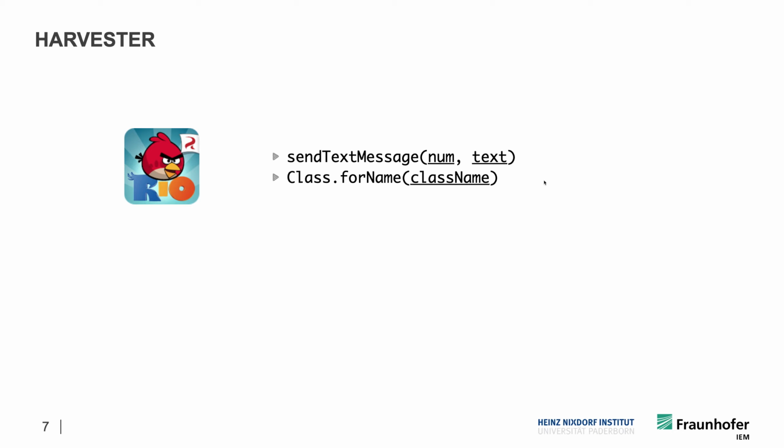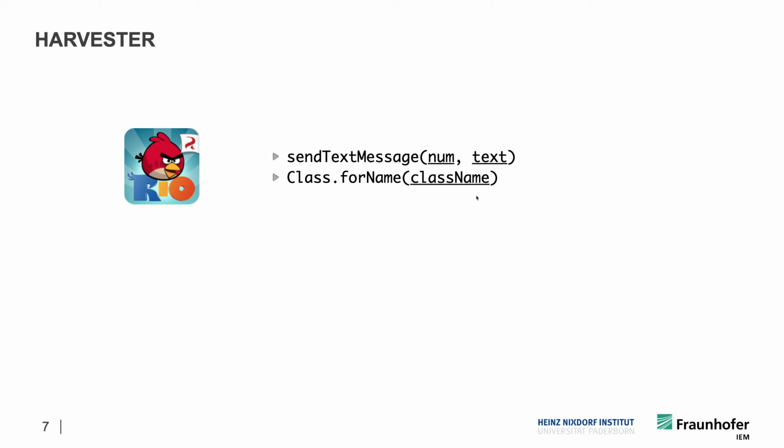So let's assume we are a malware specialist, a malware analyst, or maybe we are even an application that tries to automatically triage malware. Then we might be aware that these are interesting API calls to watch out for, right? So if somebody is sending a text message, that might be dubious, right? Or somebody is loading classes using Class.forName, we might be interested in knowing what is actually loaded there.